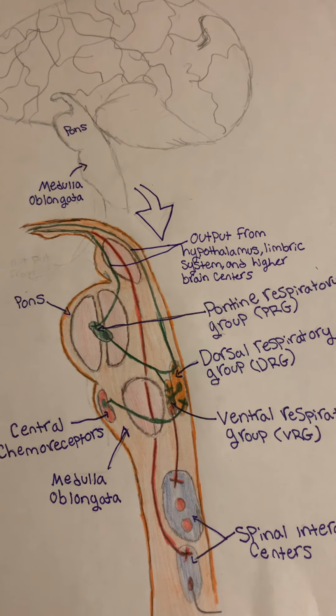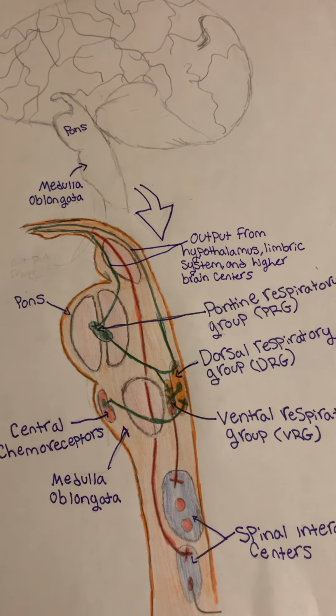Next, we have the Pontine Respiratory Group, or PRG. And the PRG is going to be this one right here, right in the pons. And the PRG is on each side of the pons and receives input from higher brain centers, such as the hippocampus, limbic system, and cerebral cortex.